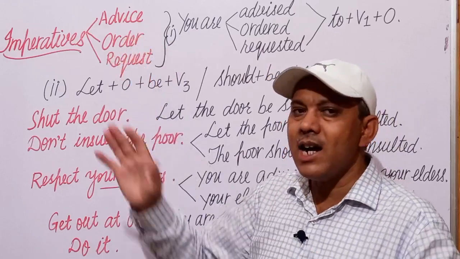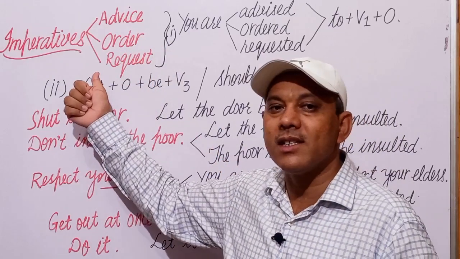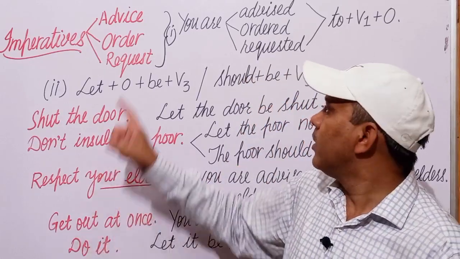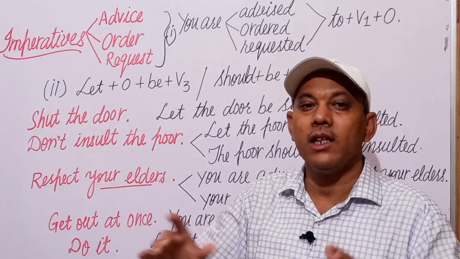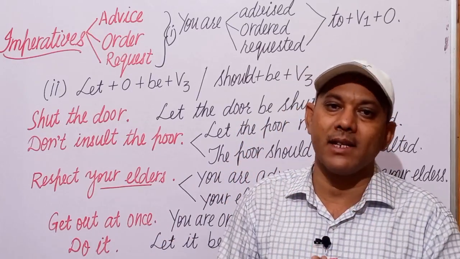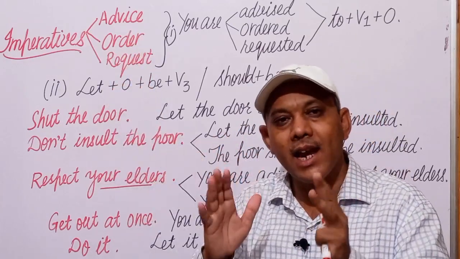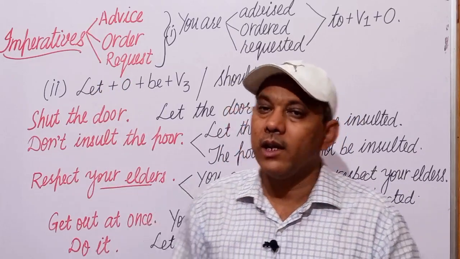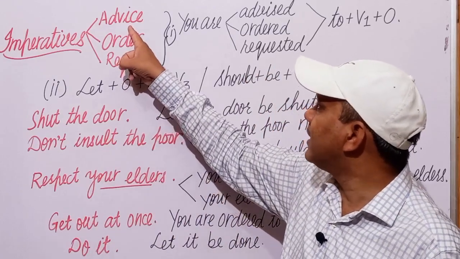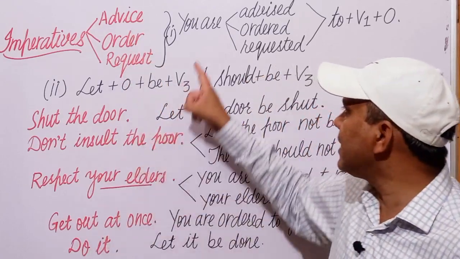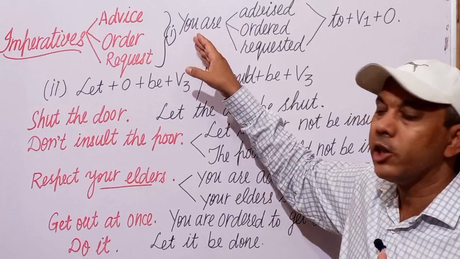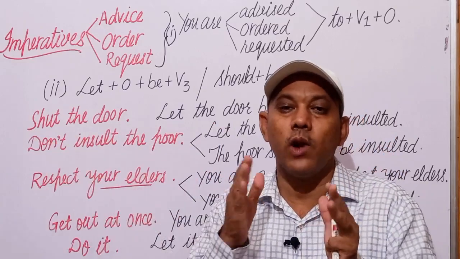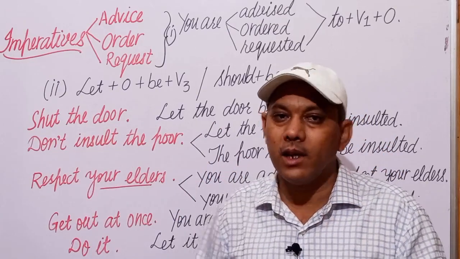Now, let us learn how to change these imperative sentences from active voice to passive voice. First of all, we have to find out the meaning or the expression in the sentence. Is there advice, order or command or request? If there is advice, then we shall change it by this pattern: you are advised to do something.